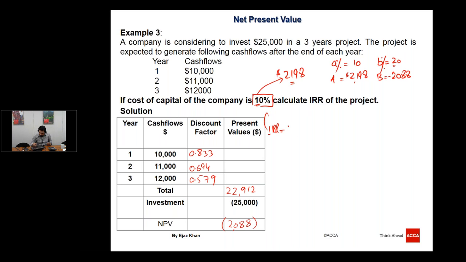So 10 plus 2198 divided by 2198 minus 2088, and then multiplied by 20 minus 10. Tell me the final answer for IRR.